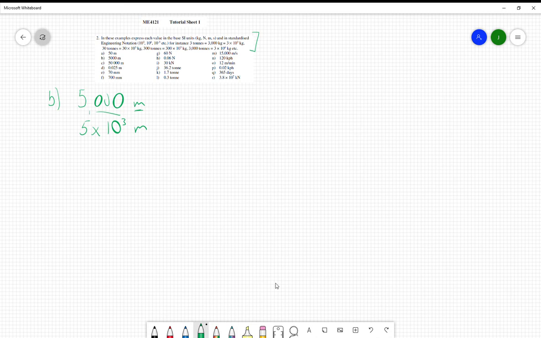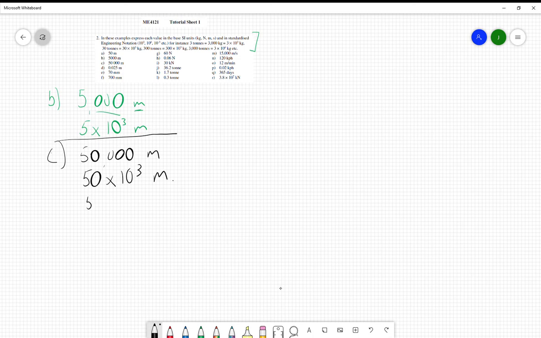Answer, done. C then is the next step. Quite easy. C is presented as 50,000 meters, so that should be 50 by 10 to the 3 meters.